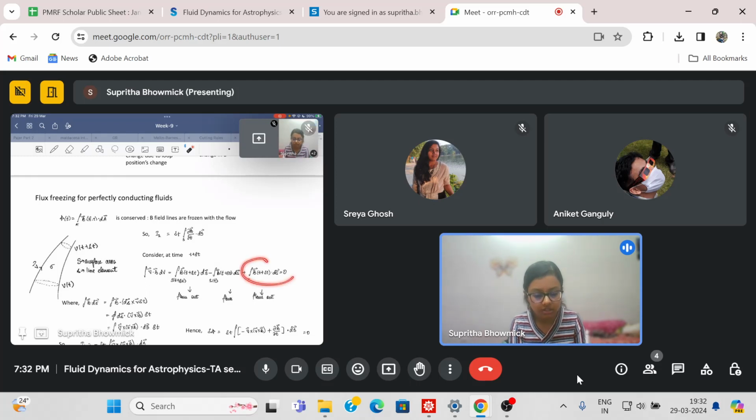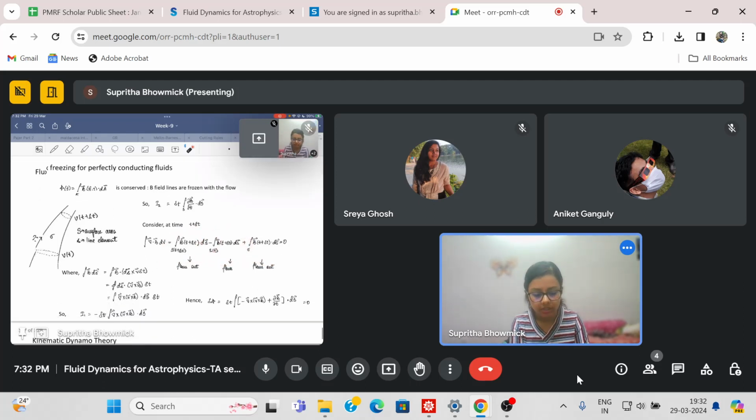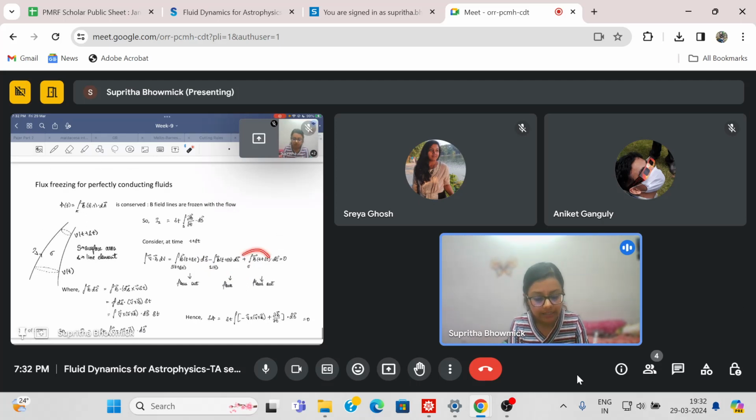So this term is the flowing out thing, this term is the flowing out thing, this term is the flowing in thing. Now look at this term. What is this? Suppressing this label t plus delta t, this is B dot d sigma, right?